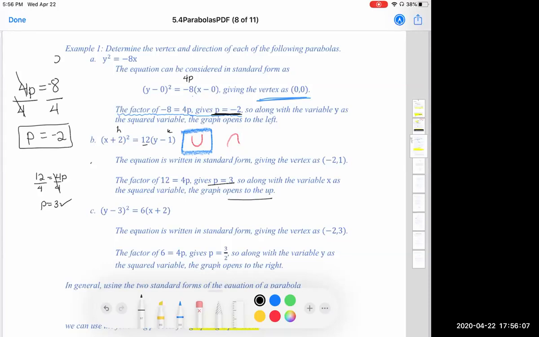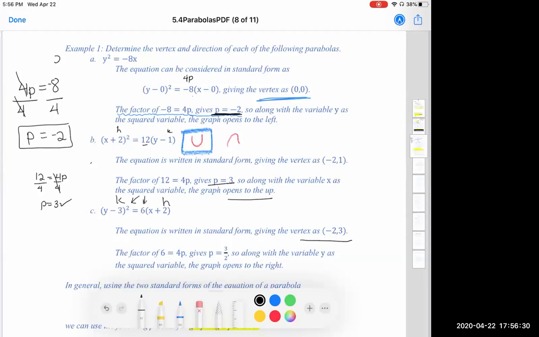All right, lastly, you can easily point out our vertex, right? It's always h comma k, and your h is always with your x. And we swap the signs. So I would have a vertex at negative 2 and 3. And we see the square is with the y, so it has to open left or right.